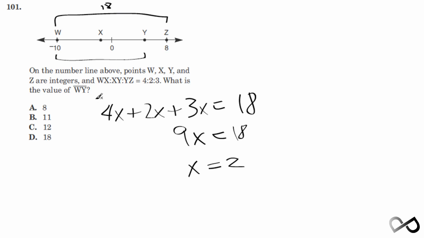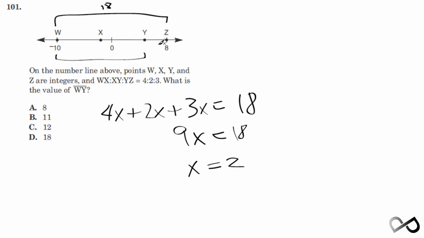And what they're looking for is what is the value of this, the mark we marked up earlier, from w to y. So the quickest way is probably going to be just to find this small distance right here from y to z, and subtract that from the total 18 to get our answer. So let's get that little segment.